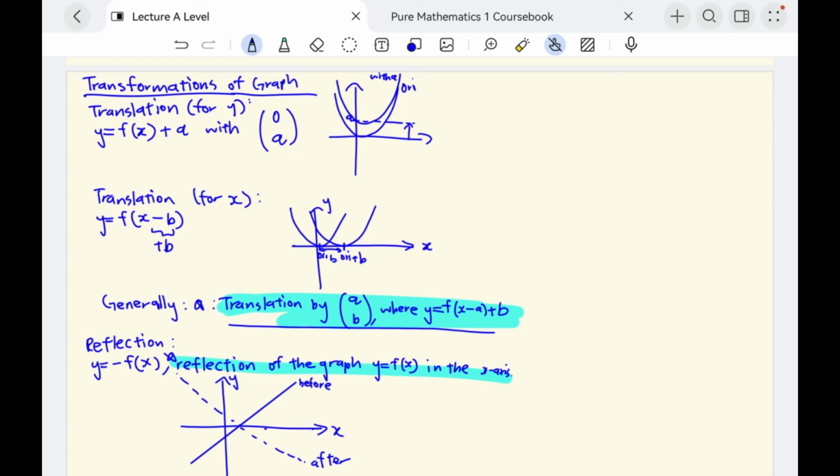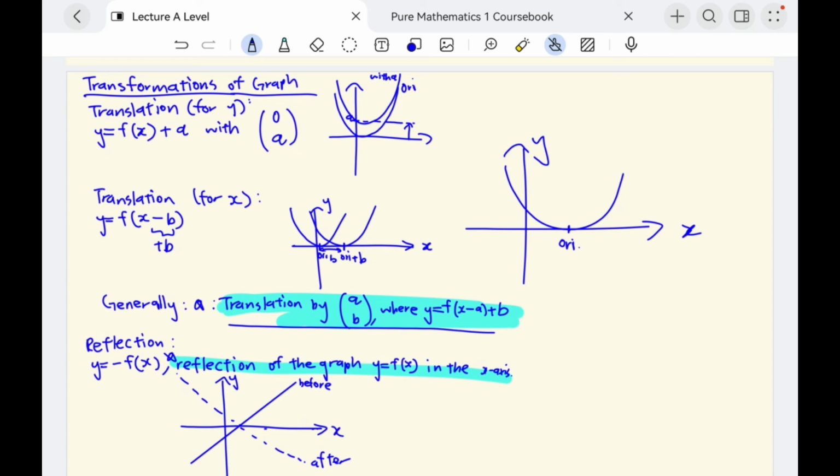For the horizontal position, you only transform your x. So let's say I'm giving you the quadratic graph again. Here is your original.